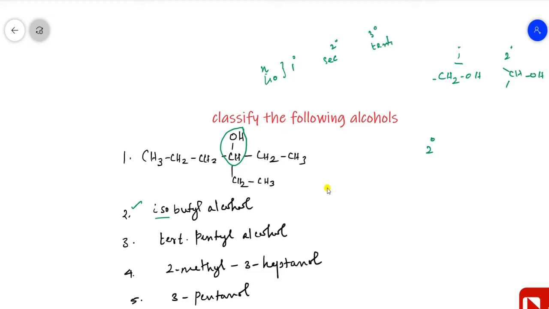Here the prefix iso is present, and iso is for primary alcohol. One exception: isopropyl alcohol is secondary. So this is primary. And tertiary pentyl alcohol, the common name is given and the prefix is tertiary, so it is tertiary alcohol.